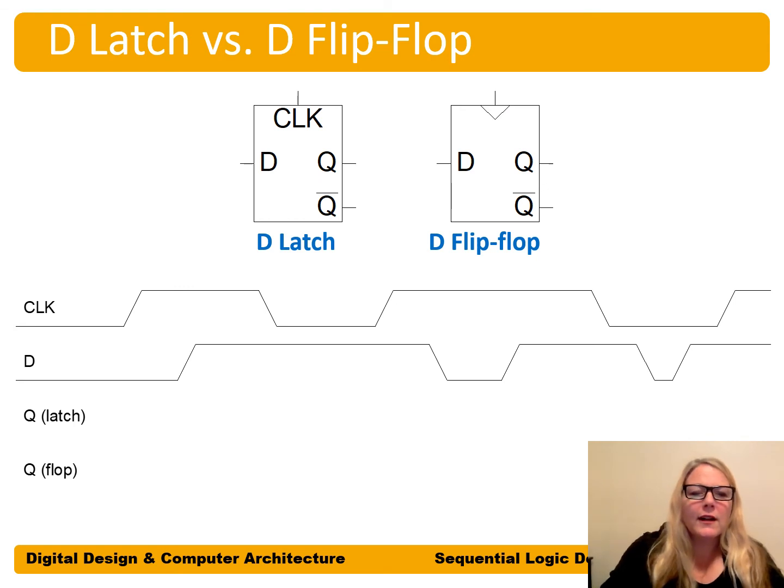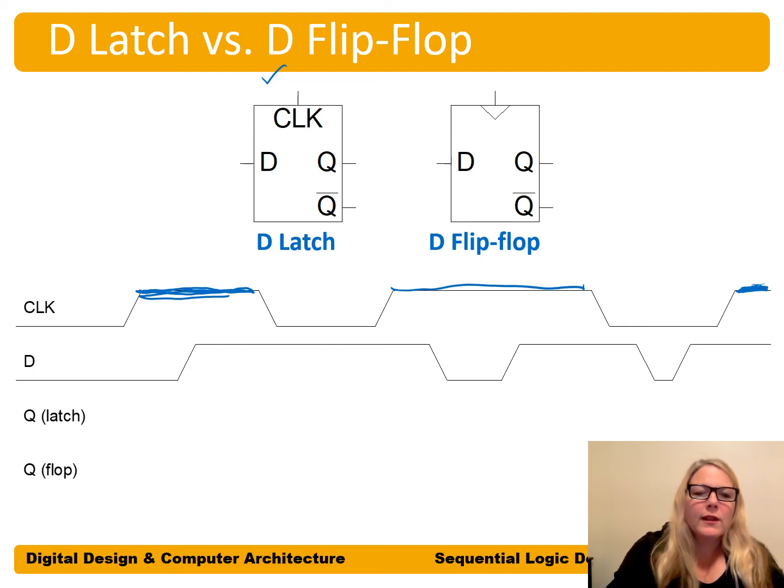So here we have our clock, and let's start with the latch, this leftmost circuit here. We know that the latch is going to be transparent, or allow D to pass through to Q, only when clock is high. So it's level sensitive. It's sensitive to the level of the clock.